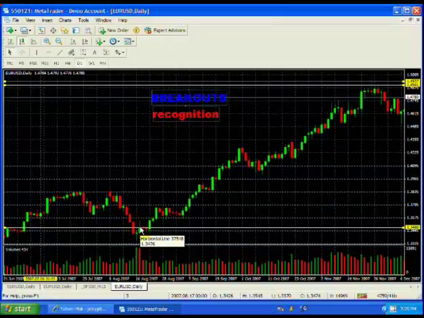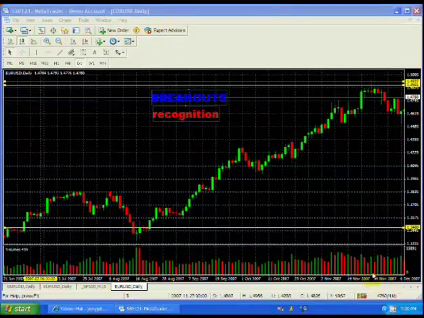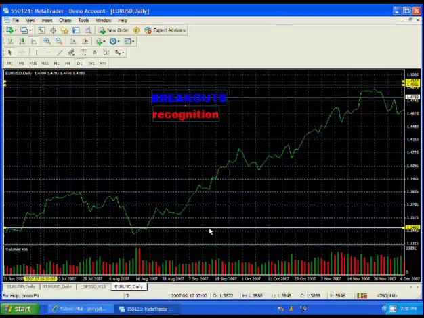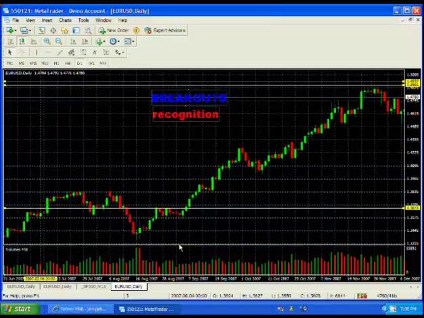If we go to our next breakout level here and go to our candle, then we know that the breakout point is the closing high of this candle.